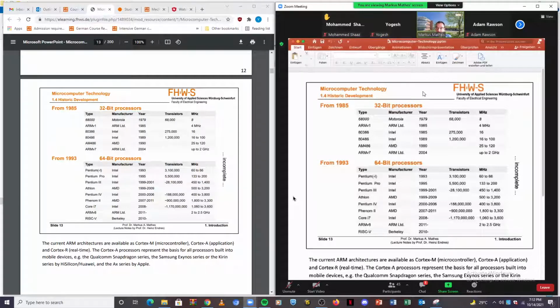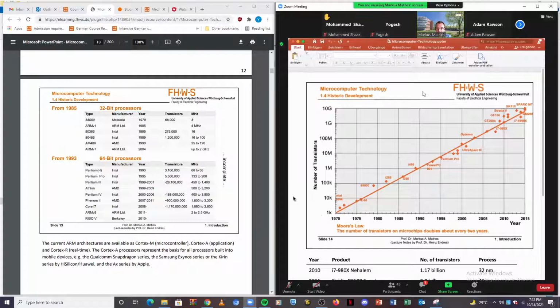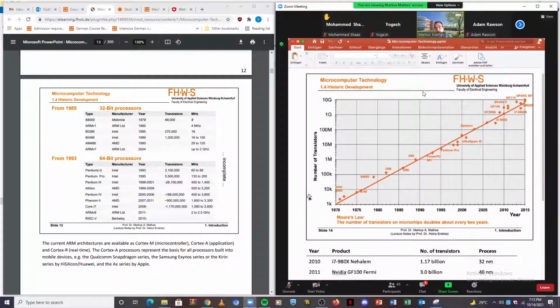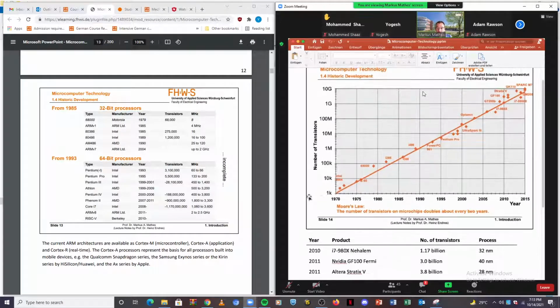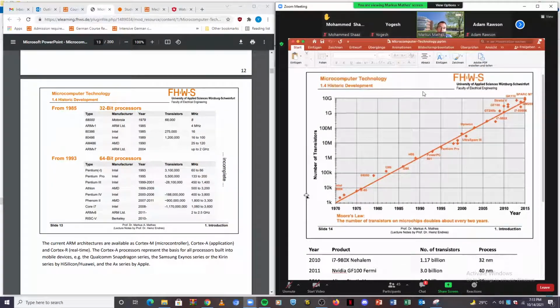Yeah, let's see what's on the next slide. Yeah, last sentence on this slide, and then we start over with the details next week. Moore's Law describes the development of microprocessors over time.